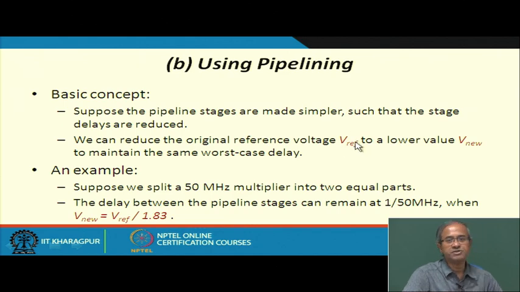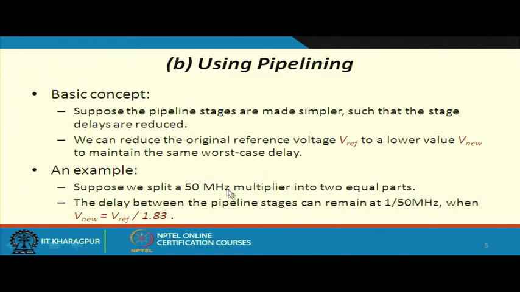Reduction of power supply voltage is also a very important way to reduce power consumption, because you recall that dynamic power is proportional to the square of the voltage. So, in the different pipeline stages you can reduce the power supply voltage also, to make it a little slower, and of course, to reduce the power consumption to a great extent.